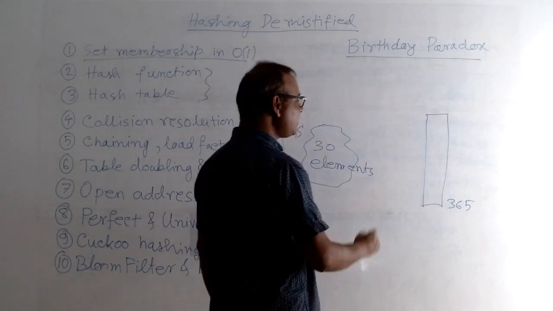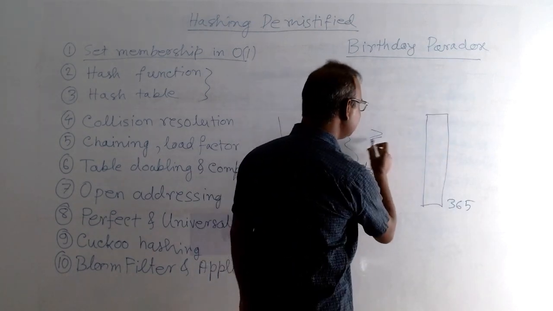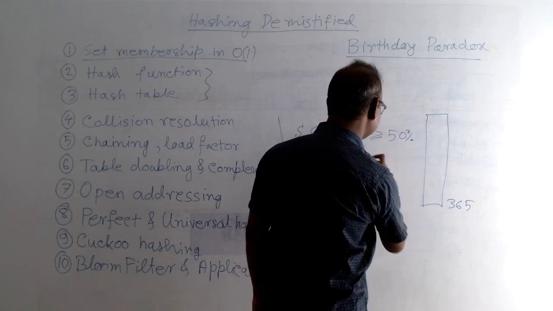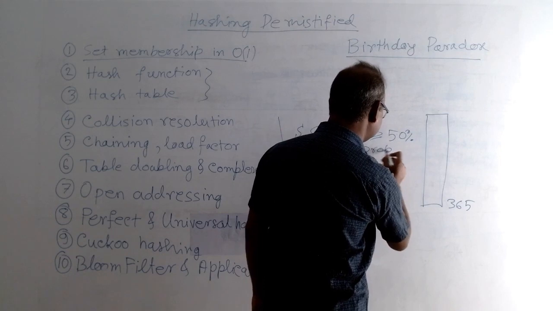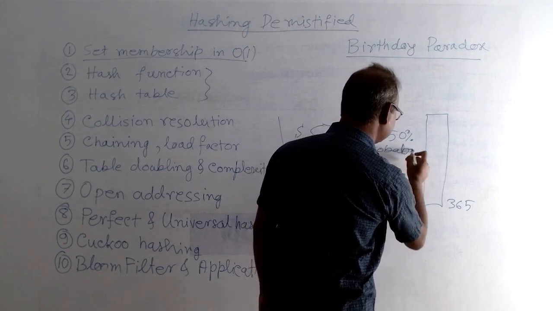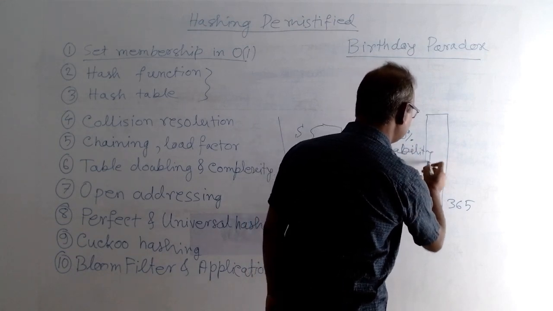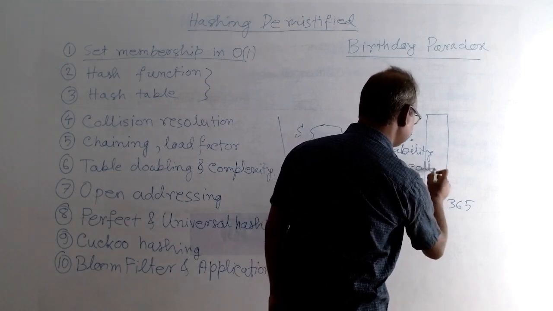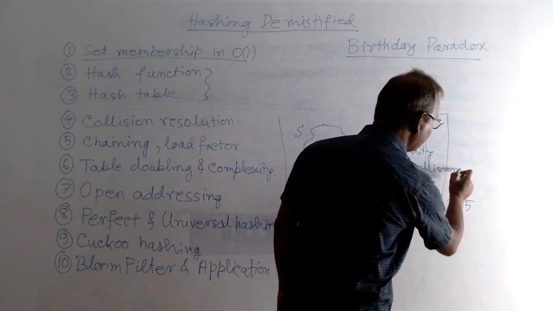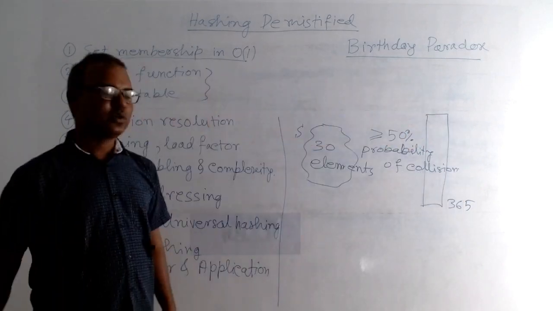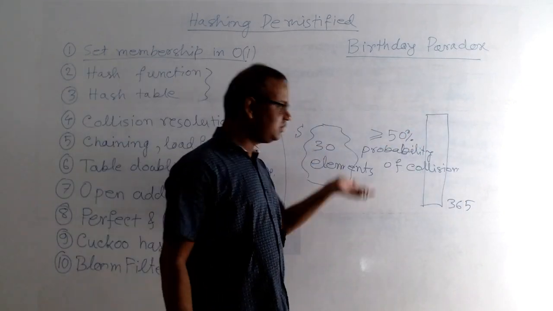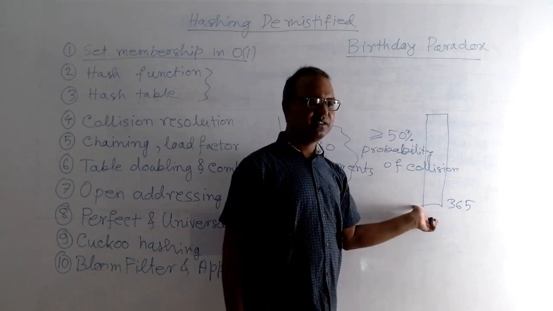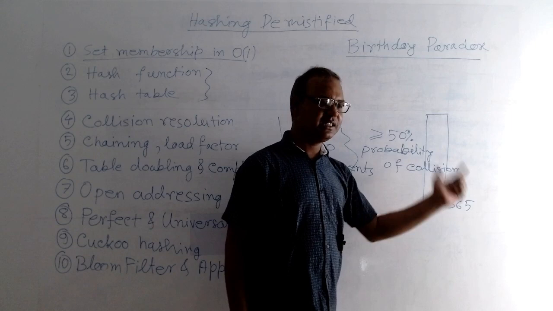Then there is more than 50% probability of collision. So for 30 elements, we are using such a long table of size 365, still there is a collision.